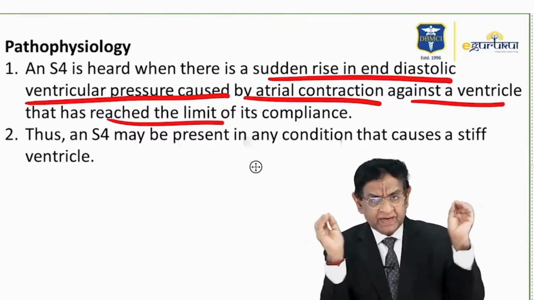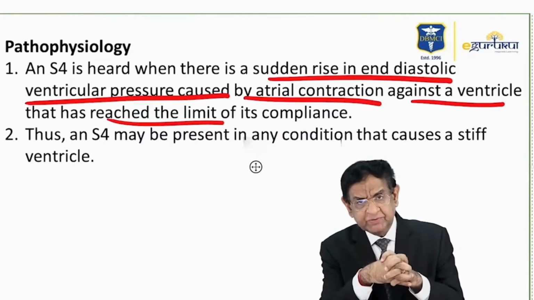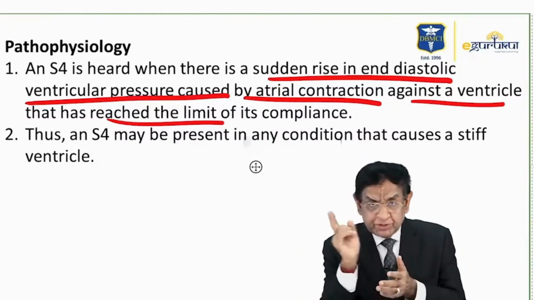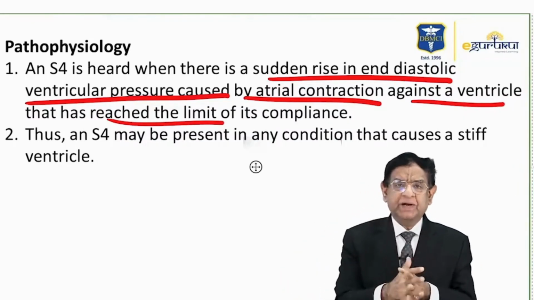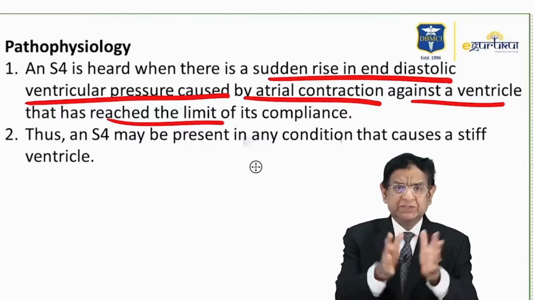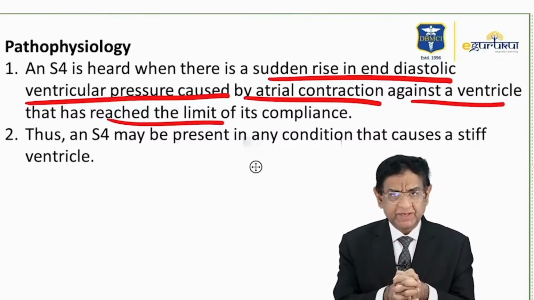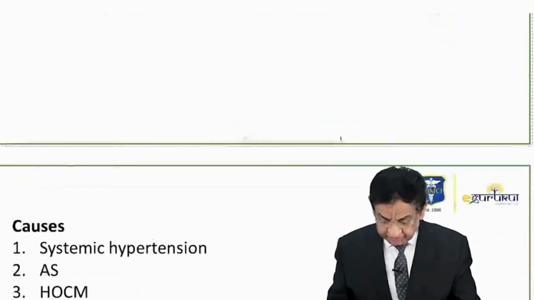Definitely, when an extra amount of blood enters due to atrial contraction, that will be S4. And we should not forget that the large amount of blood that comes in early diastole produces the third heart sound, right? So with this background, we move to causes.